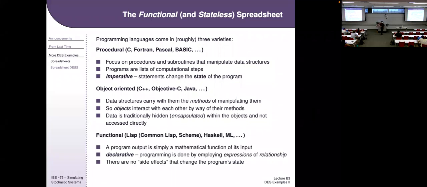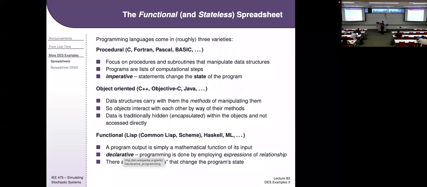Now, the third type, which is the most fundamentally different, is so-called functional. Examples of this are Lisp, Scheme, Haskell, ML. The important thing about these functional languages is that we view a program's output as a mathematical function of its input. It is so-called declarative. We don't emphasize a sequence of steps that modify state.